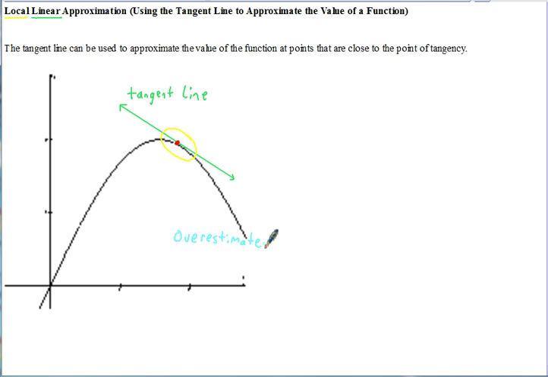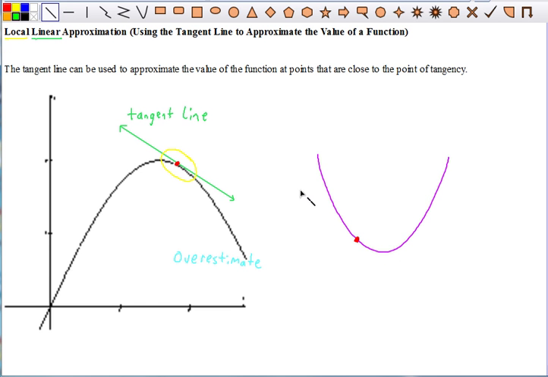However, let's say instead our function looked like this. The graph of the function was like this, and let's say the point of tangency was right there. And then we had our tangent line, something like that.